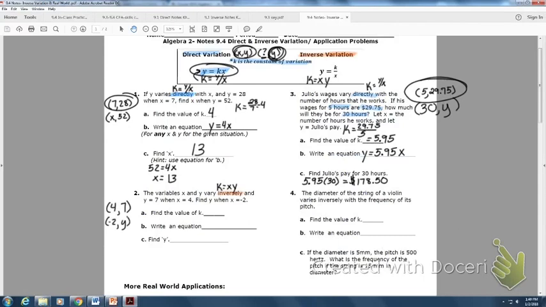And so on this one, to find the k value, I'm going to multiply the x and the y in the coordinate that I have both x and y on. So 4 times 7 is going to give me 28. It asks me to write the equation, so I'm going to have y equals 28 divided by x. And then now to find y when x is negative 2, I'm going to plug negative 2 in for x, and y equals negative 14.